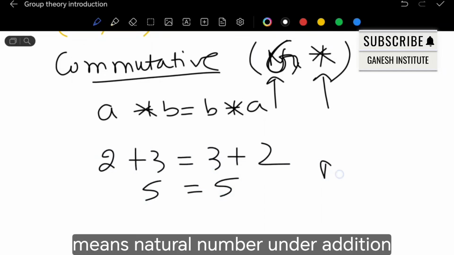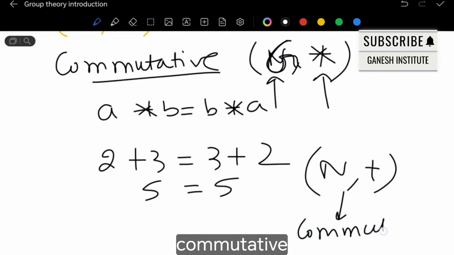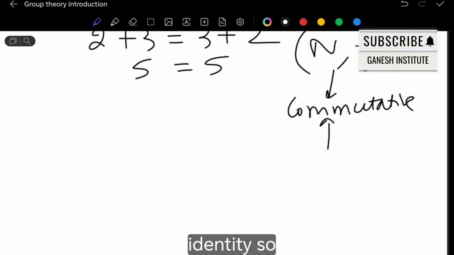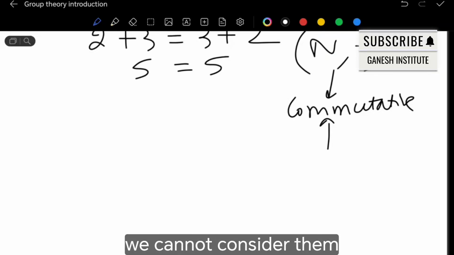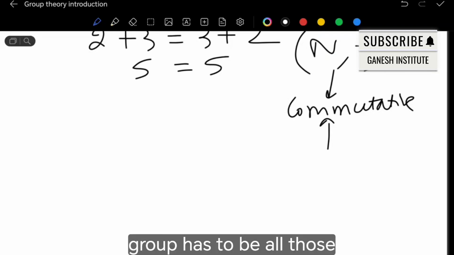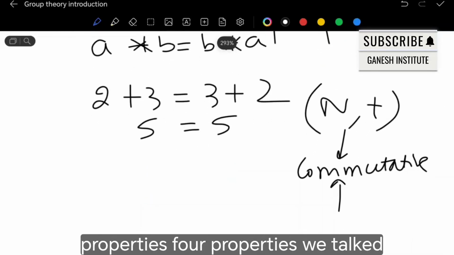So natural numbers under addition are commutative. But because they do not have the identity, we cannot consider them a group. Yes? A group has to have all 4 properties we talked about.